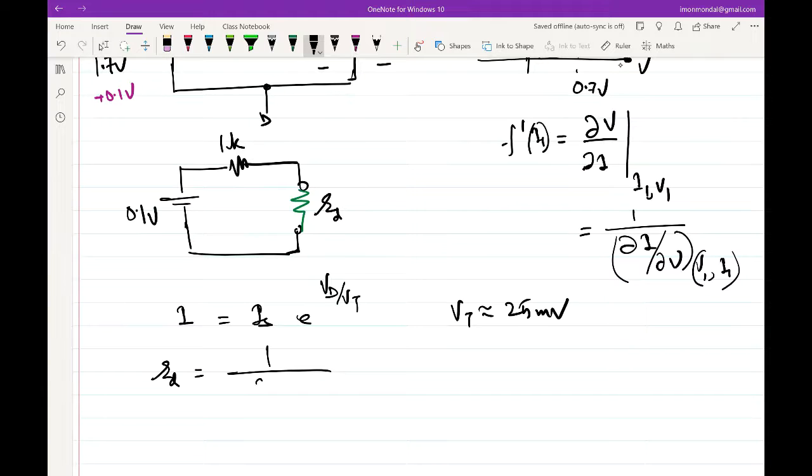This is IS over VT e power VD by VT. This is again a beauty about exponentials, it keeps on repeating. IS e power VD over VT is essentially the original I1. So this becomes 1 over I1 by VT, or in this case, VT by I.